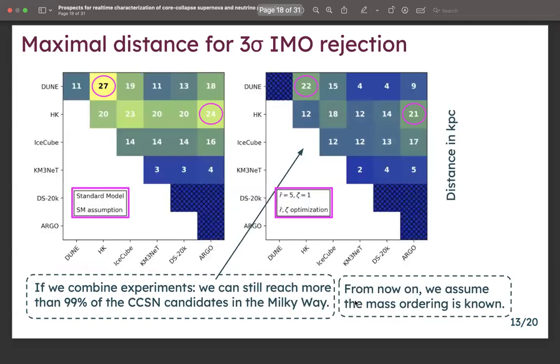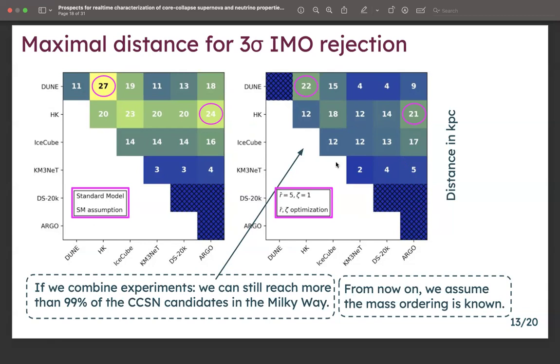Okay, so what you see here are the results. On the left, it's the, let's say, the best case scenario, where we know for some reason that the standard model is true, and do a fit considering only the standard model, so fixing R and zeta to 0 and 1.